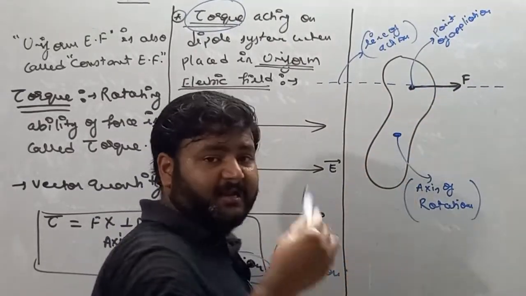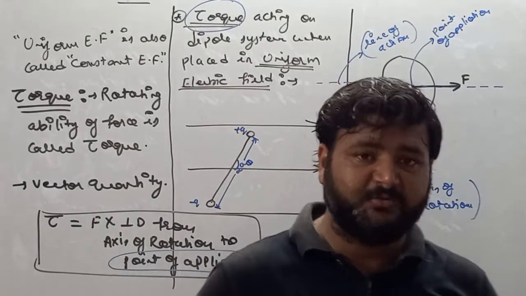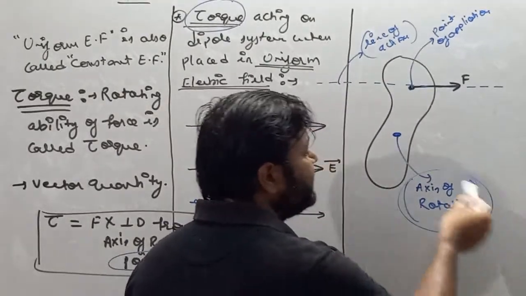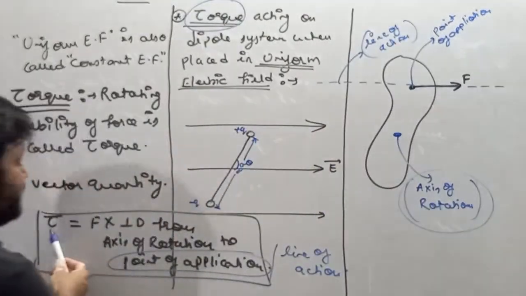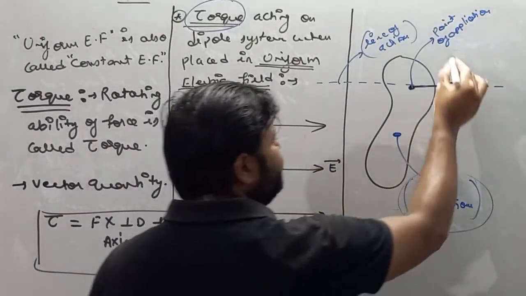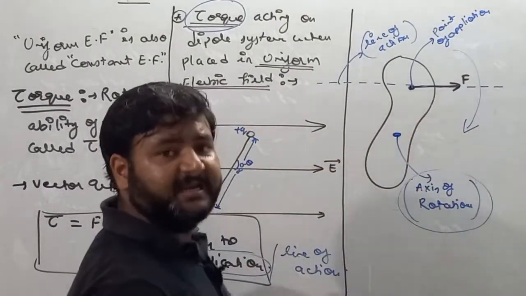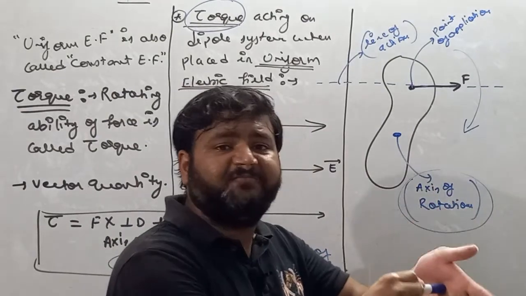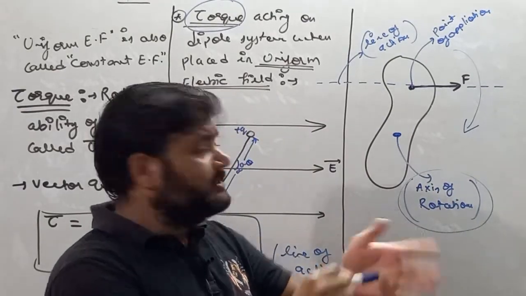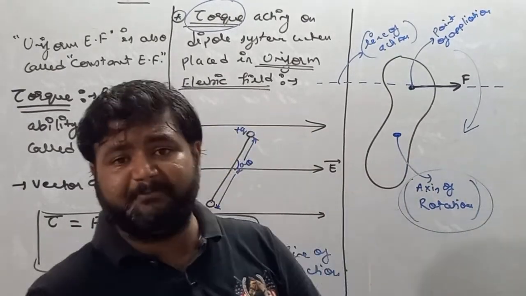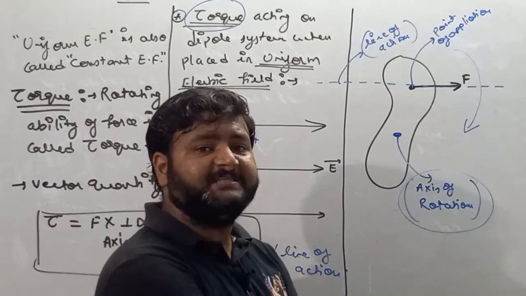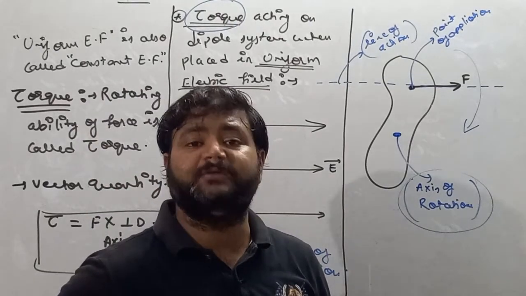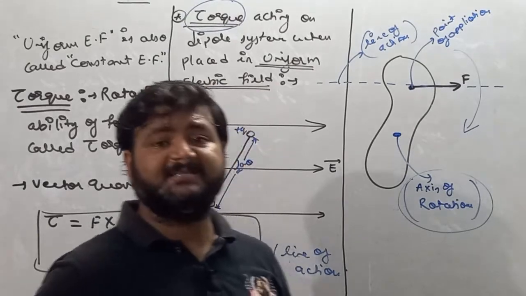The point about which the body performs rotational motion is said to be the axis of rotation.